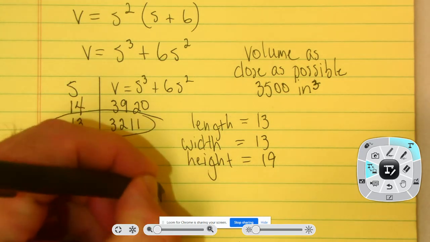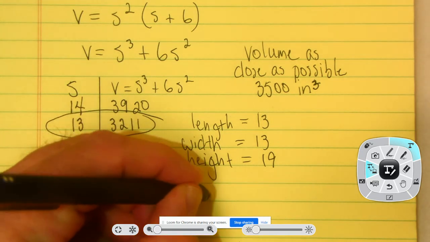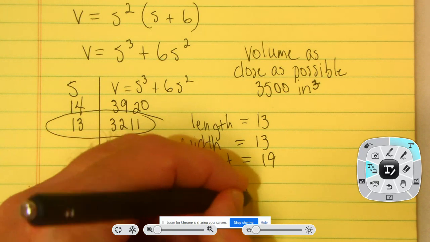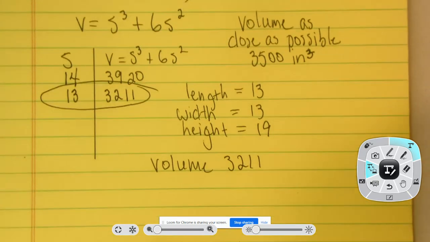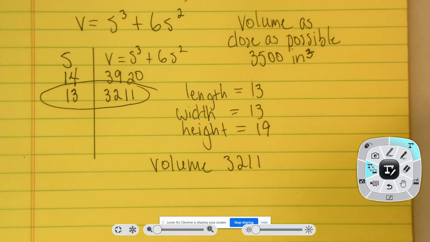And that will give me a volume of 3,211. All right, any questions on that? So that's what it's going to look like as a direct application.